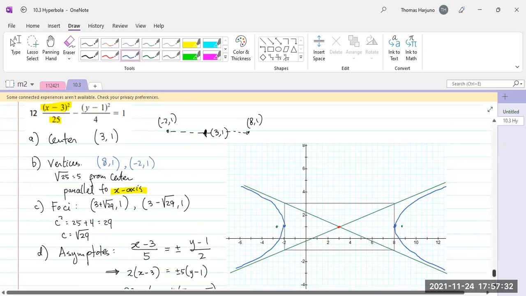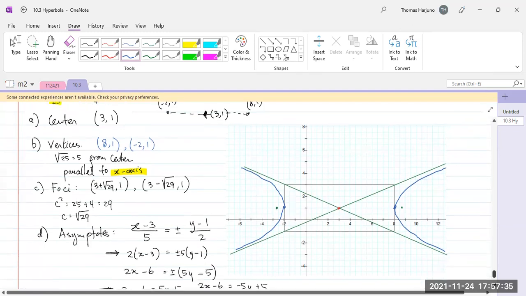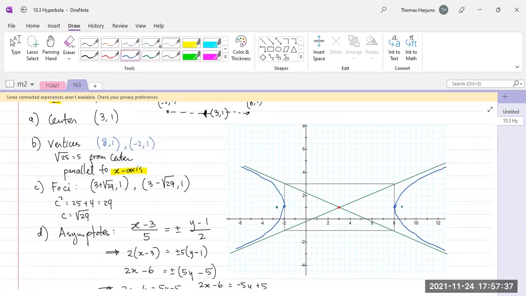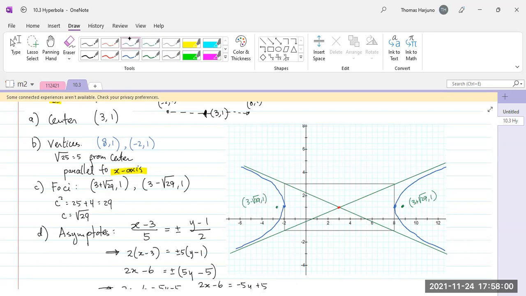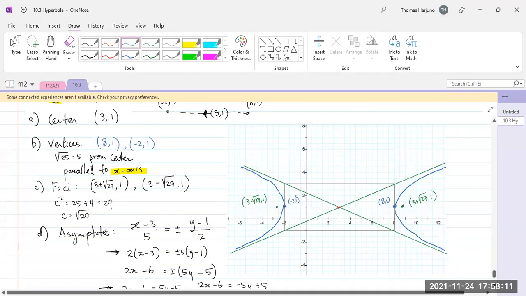The hyperbola is the blue one, and the green ones are the rectangle and the asymptotes. I want to put more details about these coordinates here. This will be 3 plus square root of 29, comma 1. This is 3 minus square root of 29, comma 1. The coordinates here will be 8, comma 1, and here negative 2, comma 1.